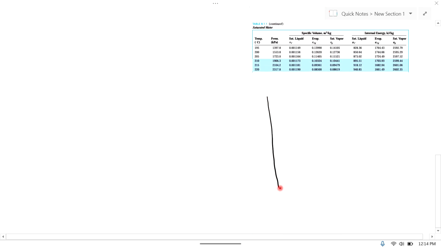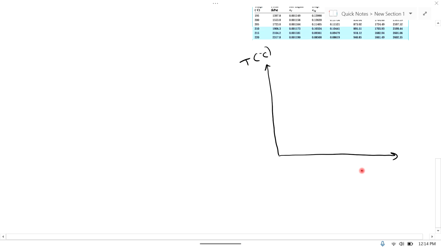I explain this point from the TV diagram. Temperature in degree centigrade and specific volume in meter cube per kg. So this is the saturation curve, and now at 3.5 megapascal, let's suppose this is the constant pressure line. 5 degree superheating means that after saturation, after this point, it is heated by 5 degrees.